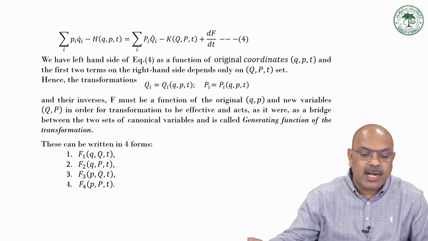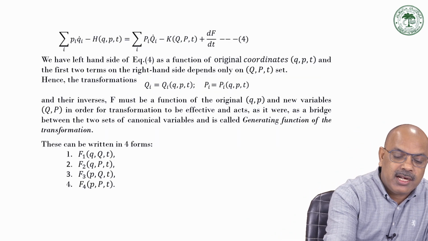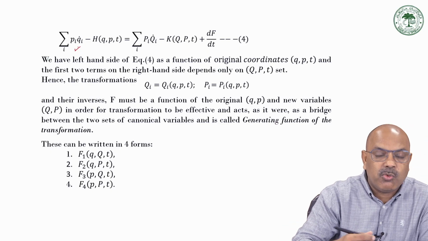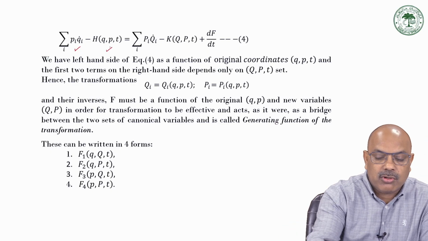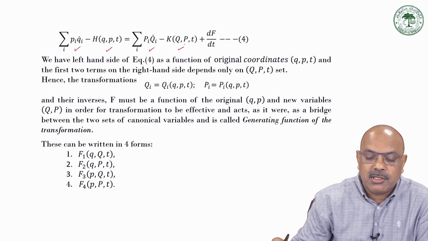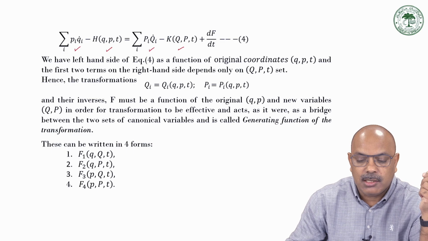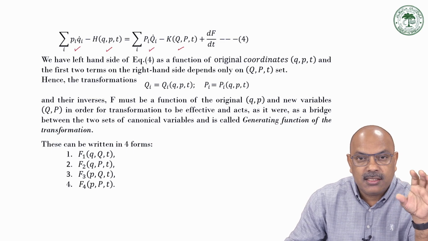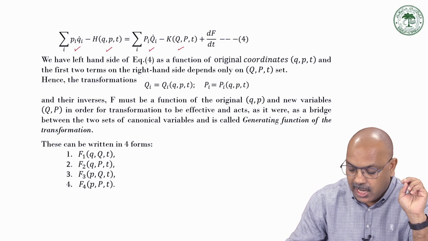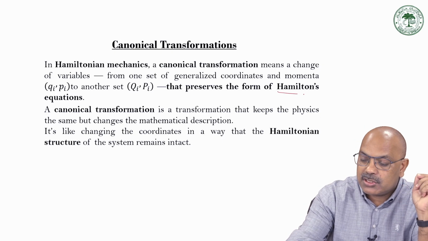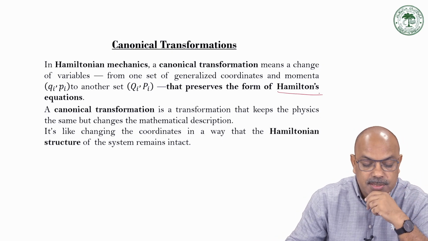If you remember, this is the Hamilton equation of motion in your old variables, small p and q, and this is your Hamiltonian, and this is the modified Hamilton principle in the new variables, capital Q and capital P. The canonical transformation has to preserve the form of the Hamilton equations or the modified Hamilton principle.